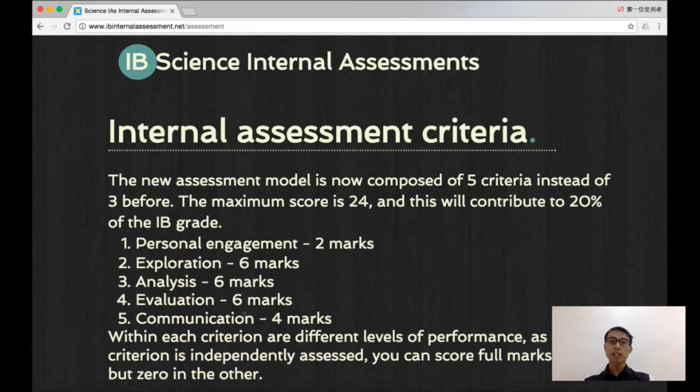So basically, this is the overview. In most cases, people will score the highest marks in the first, the second, and the third one. For communication, maybe they get 2 to 4 marks. That's also okay. But evaluation is the one that you have to be careful of.